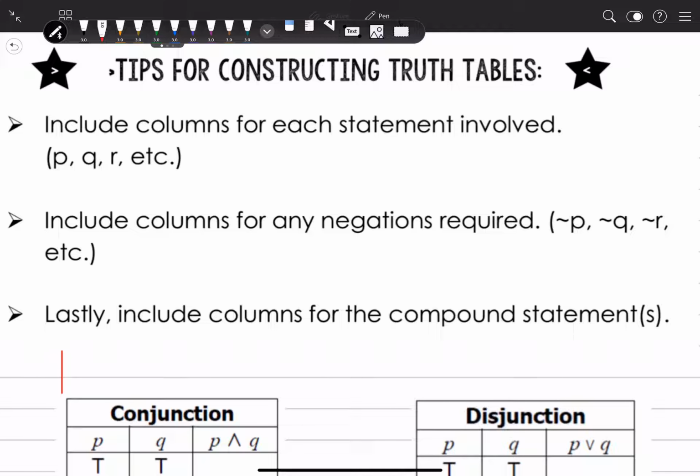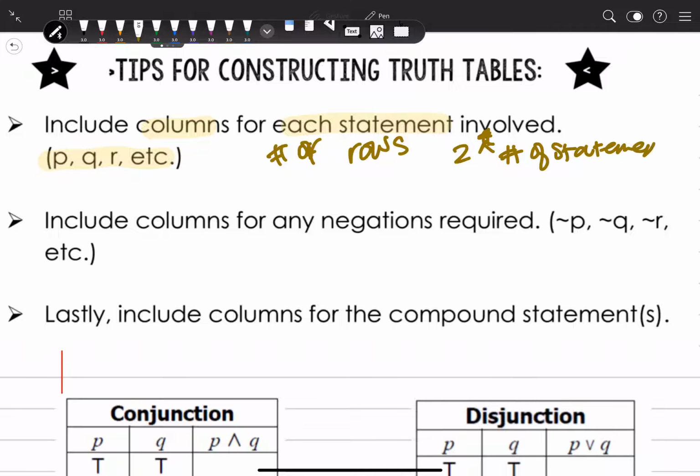Now, your tips for constructing truth tables. I'm going to be highlighting things as you guys are writing this down. You want to include columns for each statement involved. So for each of the letters, you want a column. That's also going to tell you how many rows you're going to have. The number of rows is 2 to the power of however many statements you have.